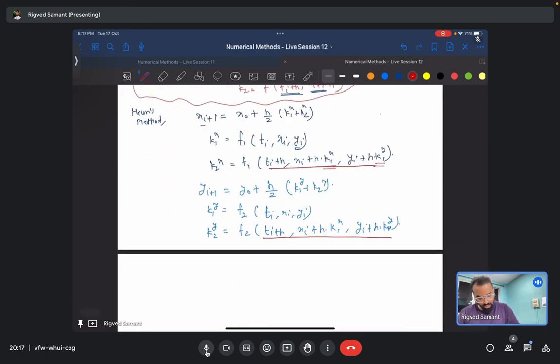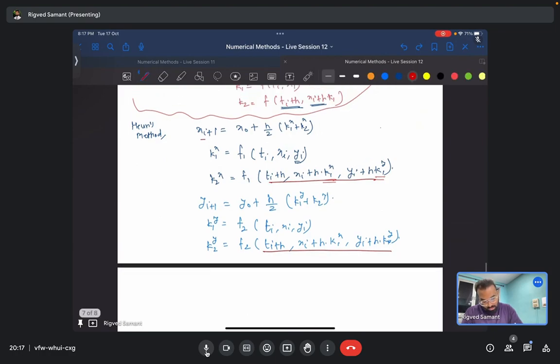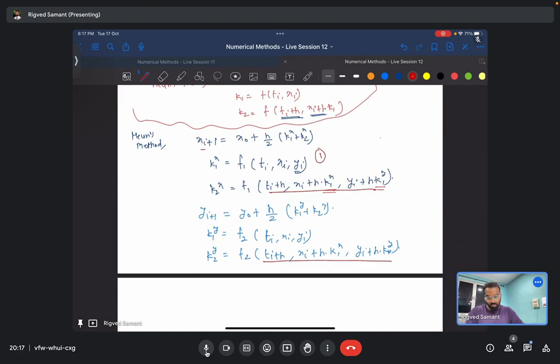Now what will be the sequence of solving this equation? You cannot go directly like how it is, right? First you will find out this value, because you have all the conditions. You will have t0, x0, y0, but to find out k2x you require k1y.